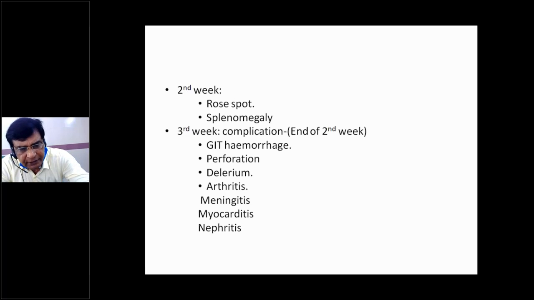Arthritis, meningitis, myocarditis, nephritis. So almost all systems are involved in enteric fever. Among the GIT complications, hemorrhage and perforation; in the nervous system, delirium and meningitis; in the rheumatological system, arthritis; in the kidney system, nephritis; and in the cardiovascular system, myocarditis.